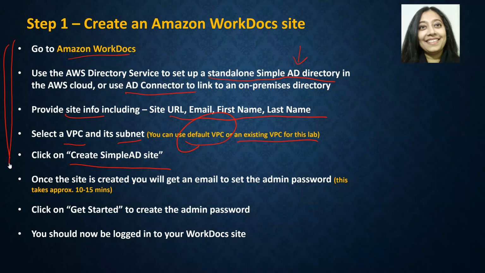You will also get an email to set the admin password. But as I said, it takes a solid 10 to 15 minutes for it to complete provisioning this particular site. So I'm going to temporarily pause my recording, and once my site is up and I have received the email, we will continue further ahead.